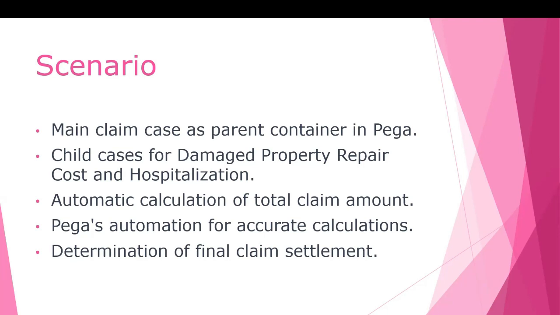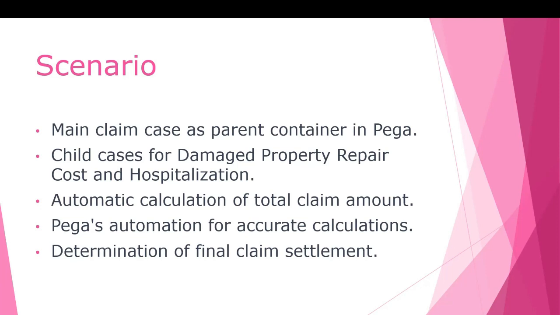We have three case types. In order to handle this scenario, we need to use three case types. Among these three case types, one is your main case type, and we will go ahead with something called claim case as your parent case type in Pega.